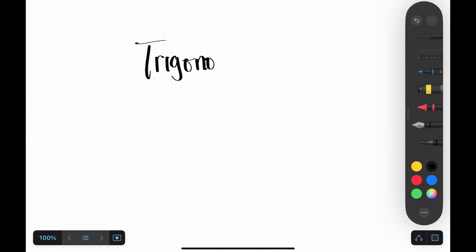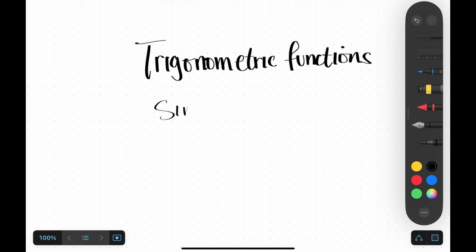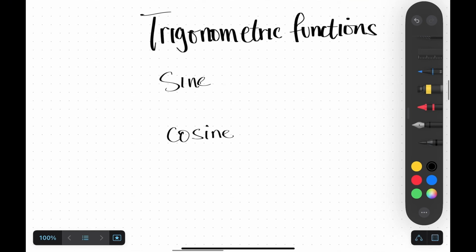Next, we're going to learn about some trigonometric functions. A function in math is something that takes an input and returns a single value. There are 3 basic trigonometric functions: sine, cosine, and tangent.